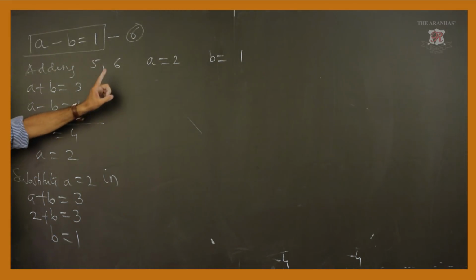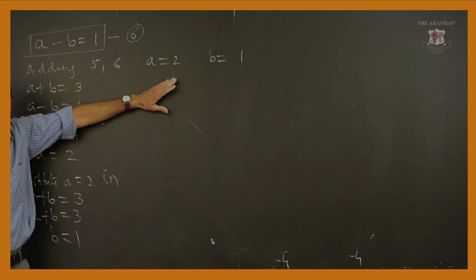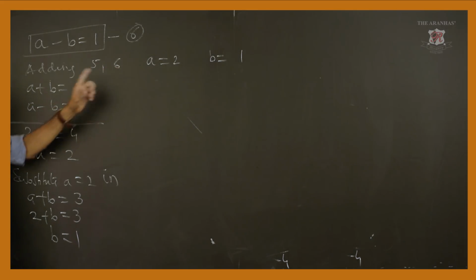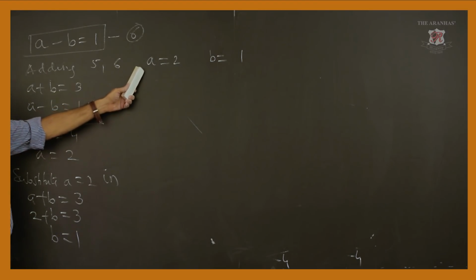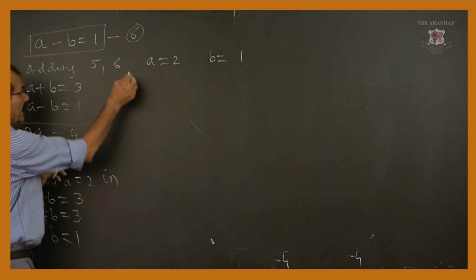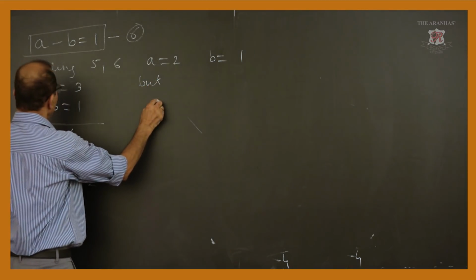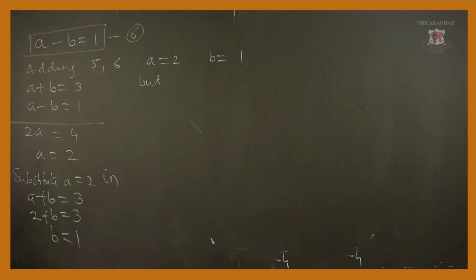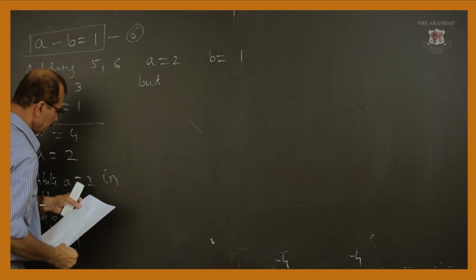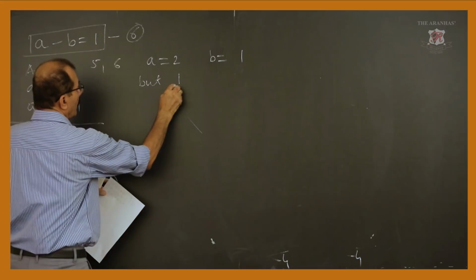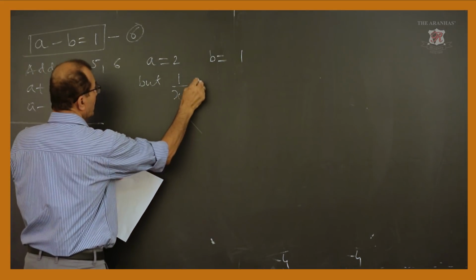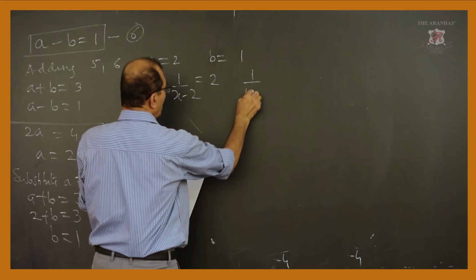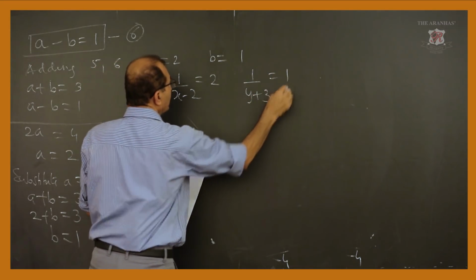This is not the complete answer because our equation is in the variables x and y. So re-substitute for a and b. So what is my a? My a was 1 upon x minus 2, and b is 1 upon y plus 3.